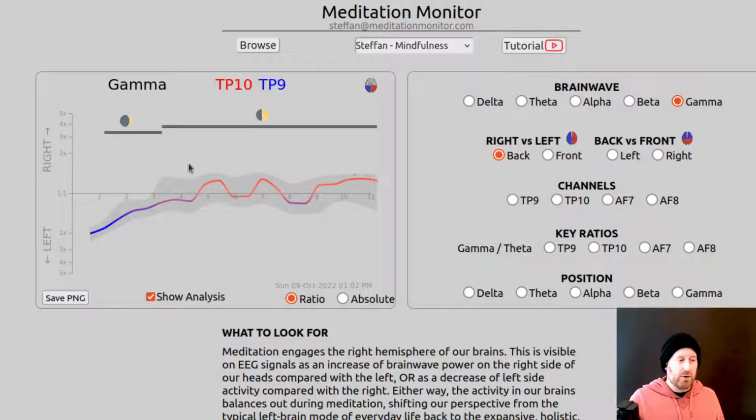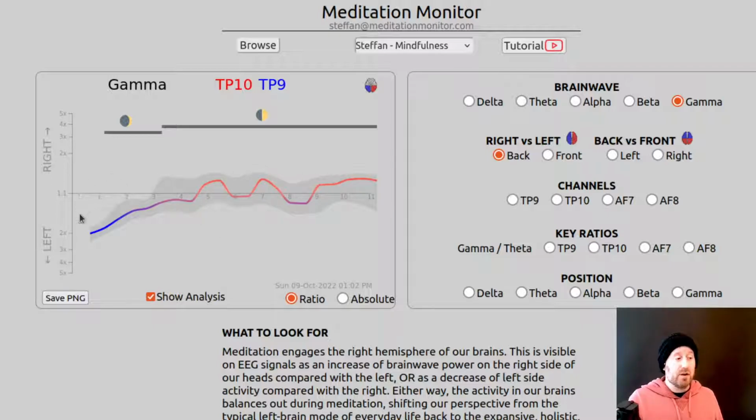So I really want to highlight this particular chart type, this particular result, where you have this fluctuating above and below the one-to-one equal axis here, and the range, the gray region where it shows the full range of data, is also just in general above and below the line. I call this half moon because both sides of our brain are participating equally, and I think that is a great state of mind to be in, regardless.